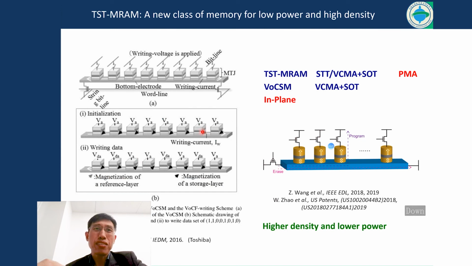This is a very similar idea proposed by Toshiba some years ago, but we can compare our differences. We use TST, toggle spin torque MRAM, and we use PMA with STT plus SOT, and the group of Toshiba uses in-plane magnetization and VCMA plus SOT.